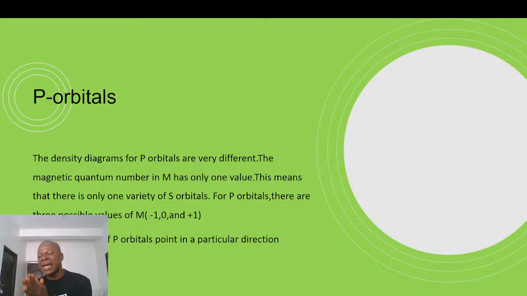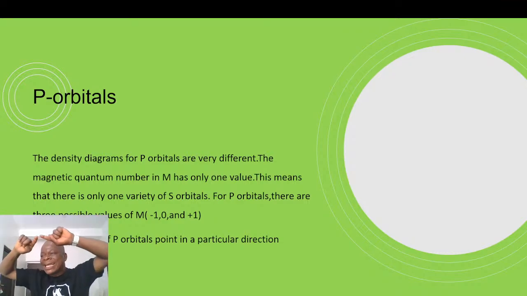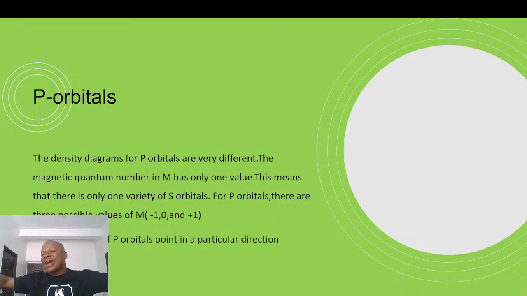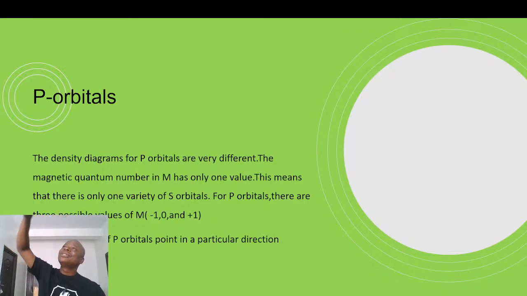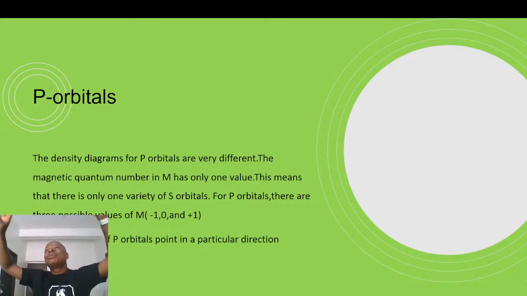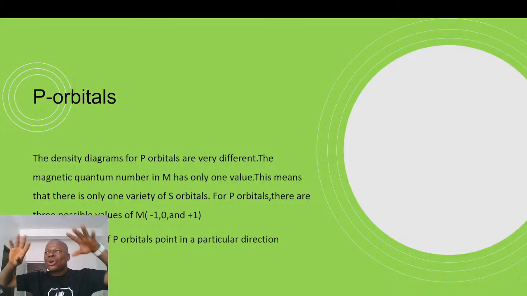You can call it m, the magnetic quantum number. So that magnetic quantum number shows that there are 3 varieties of p orbitals, and the possible values are -1, 0, and +1.